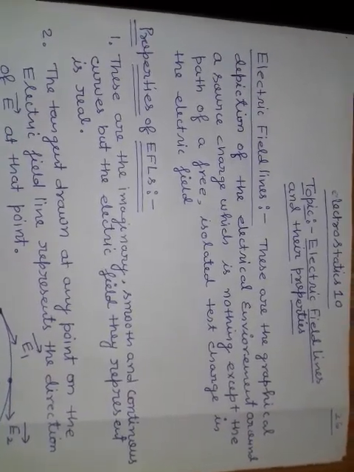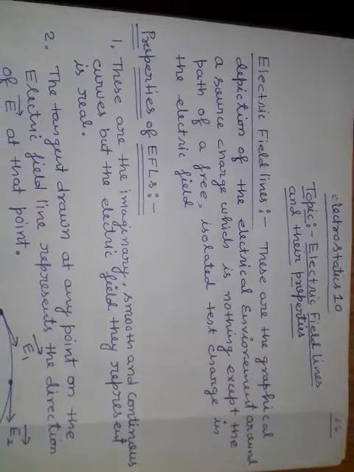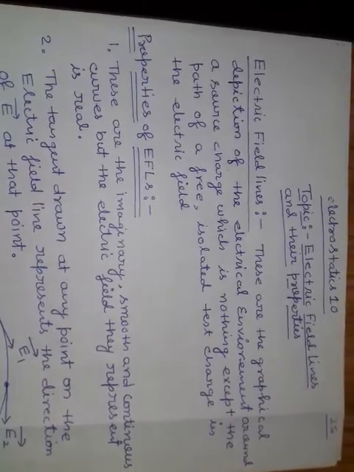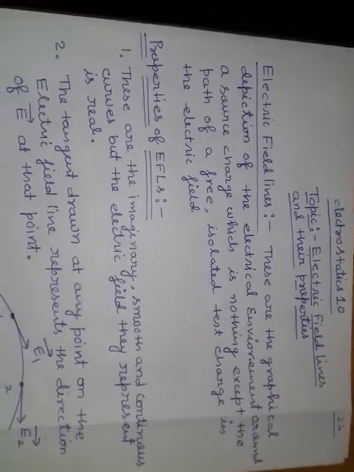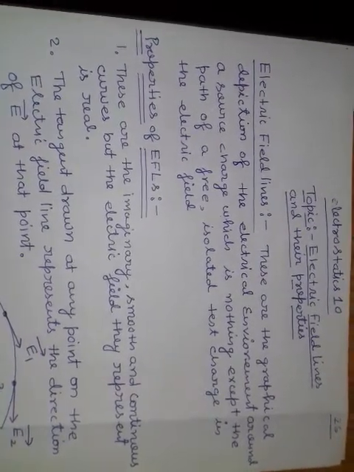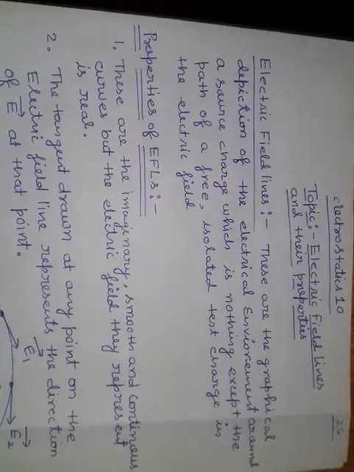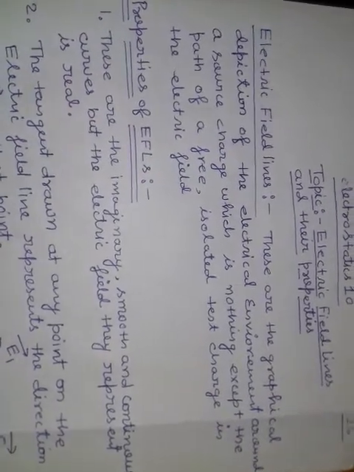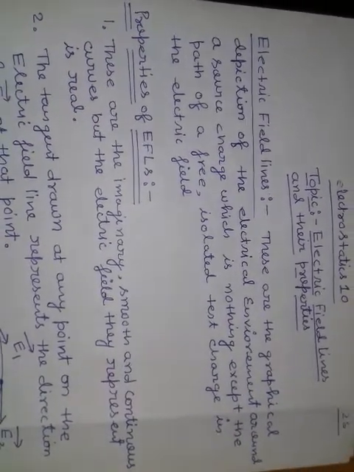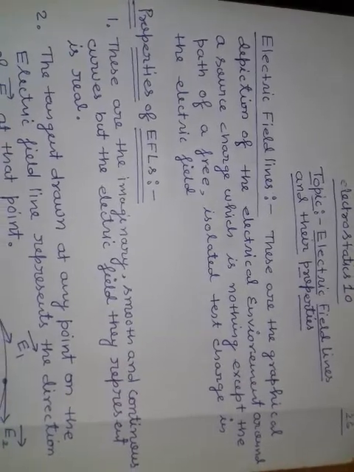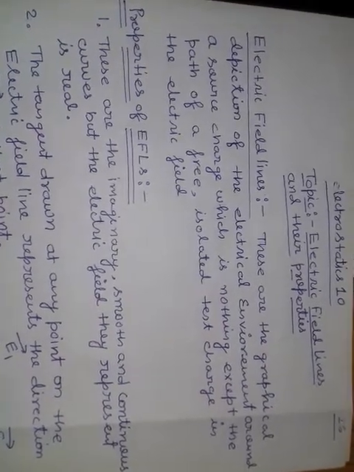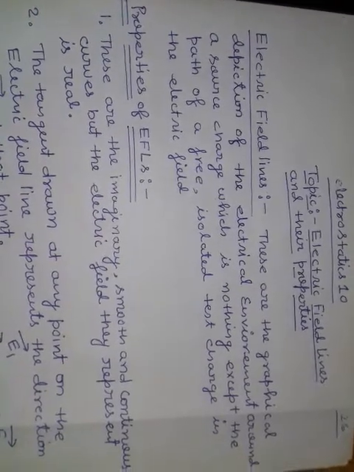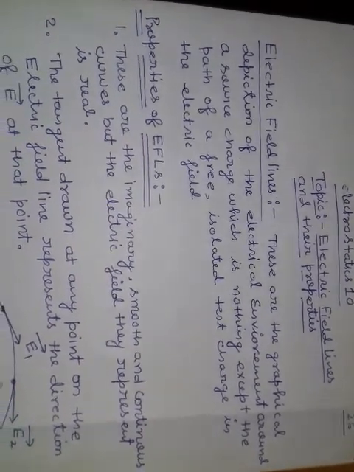One is electric field intensity, second is electric potential, and the third one is electric field lines. Electric field intensity is the vector representation, electric potential is the scalar representation, and the electric field lines are the graphical representation of the same electric field.